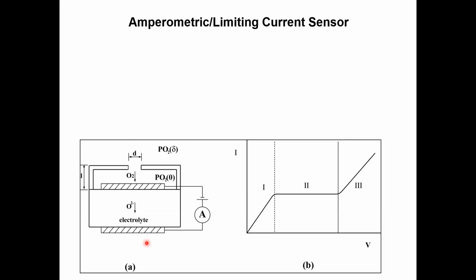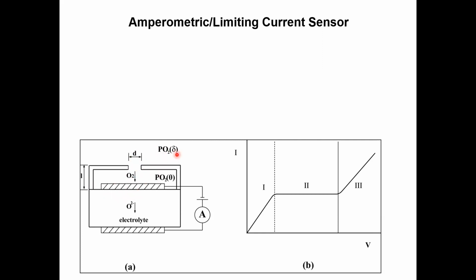If you take an oxygen ion conductor like yttria-stabilized zirconia and apply voltage, you can actually pump oxygen from one side to the other. So that's what you're doing, pumping oxygen through this membrane, through this electrolyte. The current increases and then it remains constant. By increasing the voltage, you keep on increasing the pumping rate.